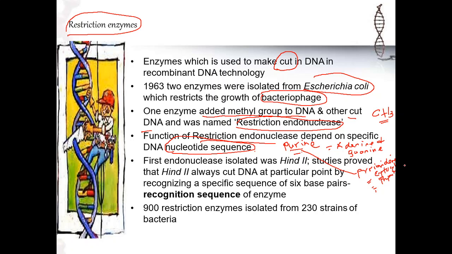So again, in a DNA strand, we have a double strand, and along that strand, there is a sequence of purine and pyrimidine. So a purine composed of adenine and guanine, and the pyrimidine composed of cytosine and thymine.